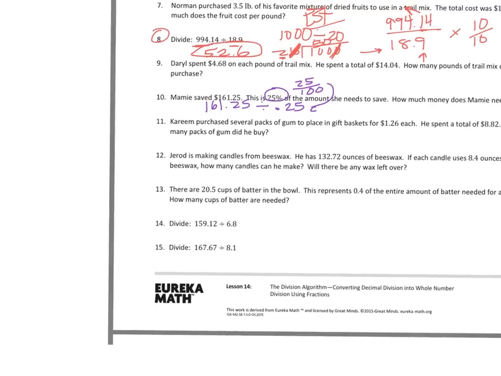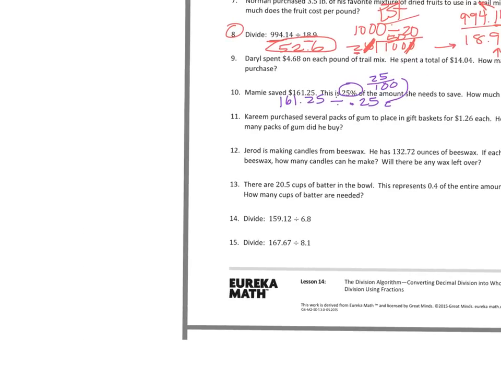So now we'll go off to the side to do this one, and I'm already seeing that there's probably an easier way to answer this particular type of question, and we'll talk about that one too. So now if I want to change this into a whole number, I have tenths and hundredths, so I need to multiply by 100.